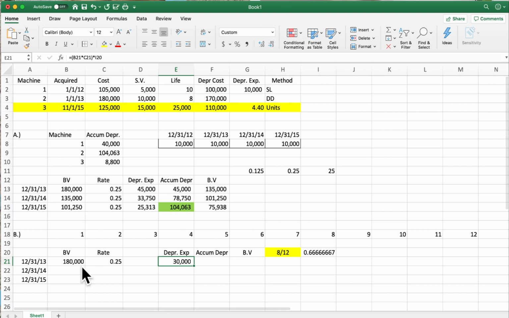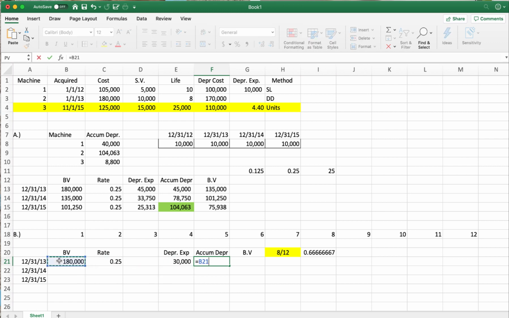That's the depreciation expense in year 2013. I got to carry it all the way out. Accumulated depreciation is going to be 30 grand. So then I take my beginning year book value of 180,000, subtract out my depreciation expense, and I get a book value of $150,000.